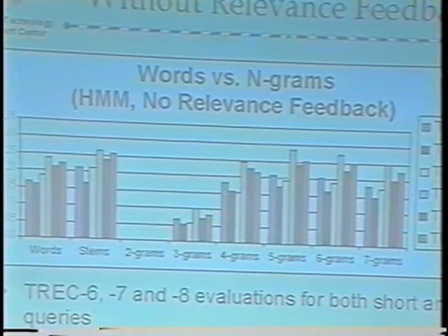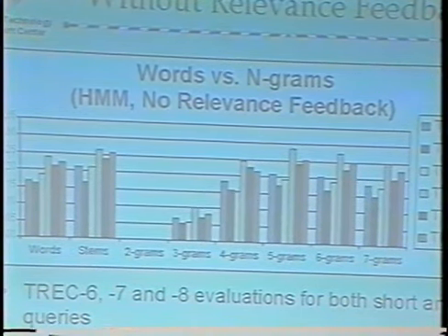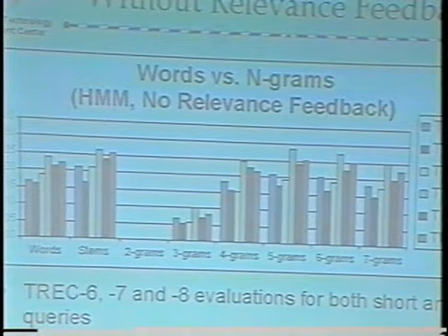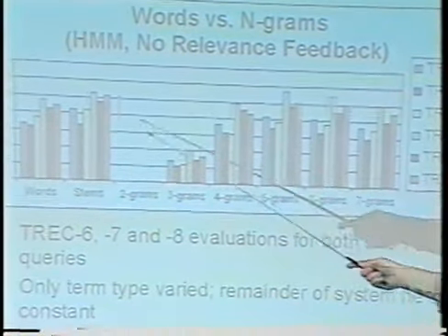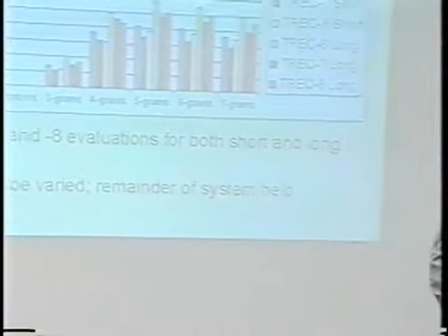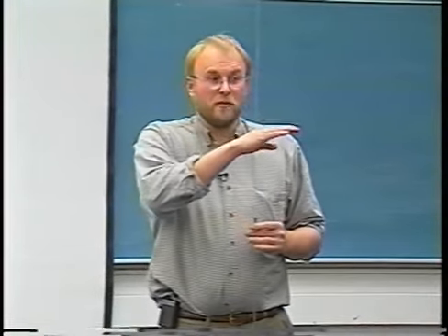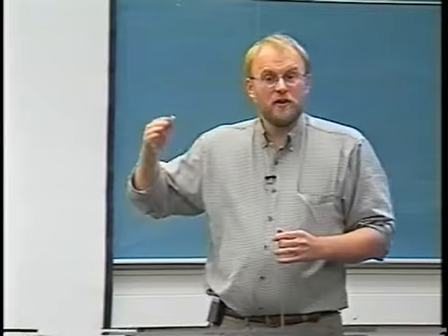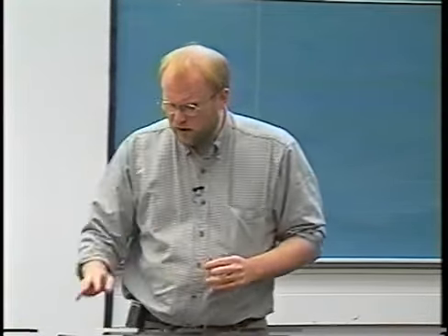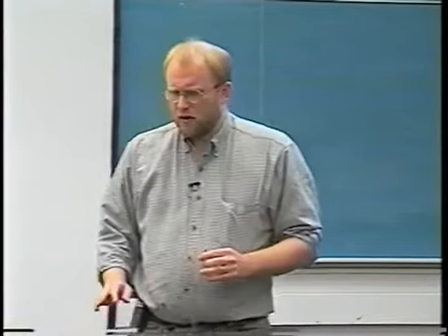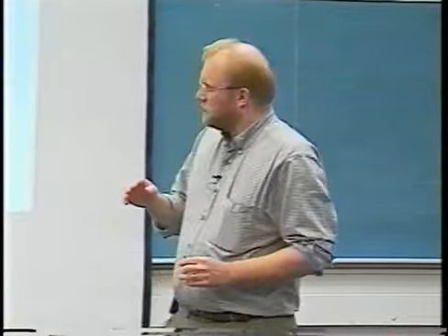Our more recent tests show 5-grams having a slight boost. But I guess the point of this is that n-grams are very much on par with words as indexing terms. And so under circumstances where n-grams are going to be particularly good, they're a very reasonable way to go. And I'll talk more about what circumstances those might be.